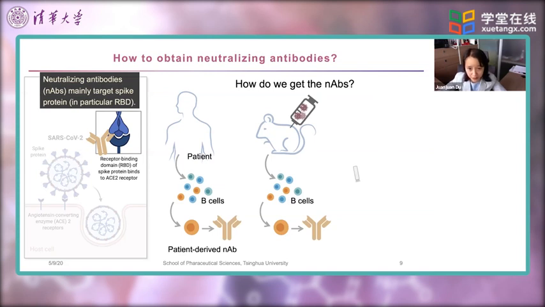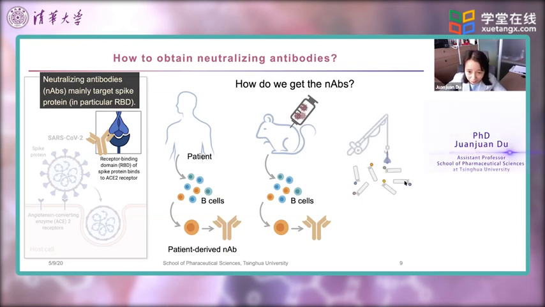The third strategy is that we don't use any kind of animal at all. We just express a fragment of the antibodies on a small bacterial virus called phage. We can express a lot of different kinds of antibodies, which we call a library of antibodies on phages.